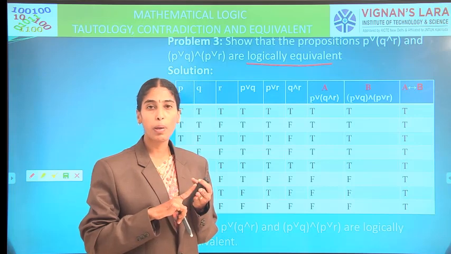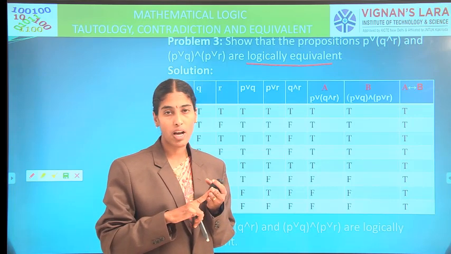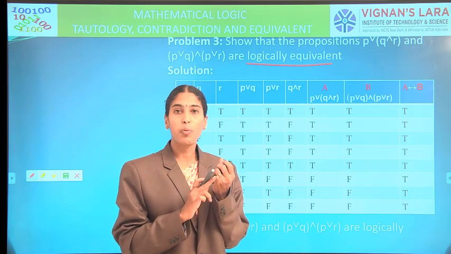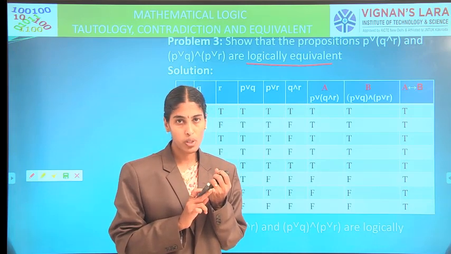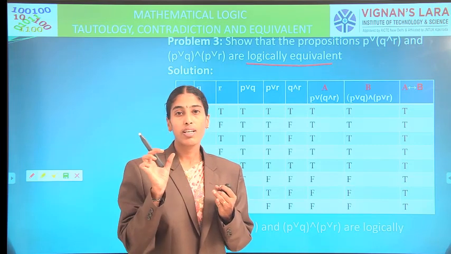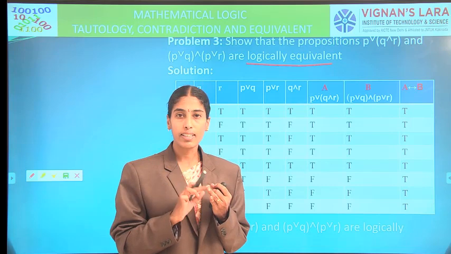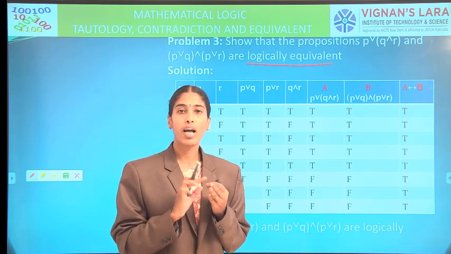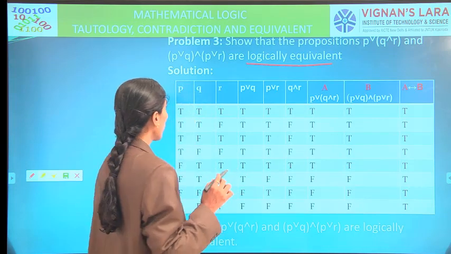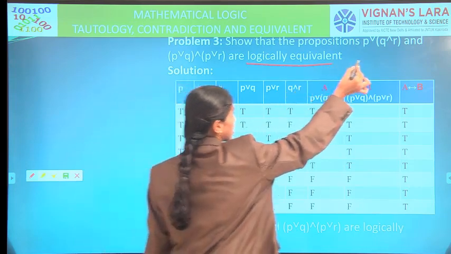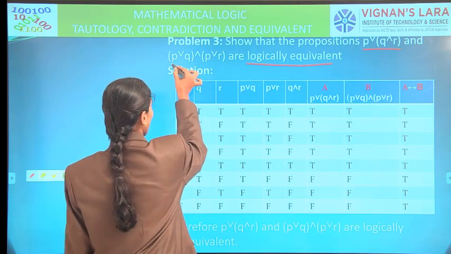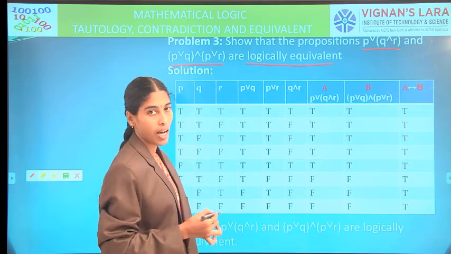To say that two propositions are logically equivalent, we have different ideas. First one is both have identical truth tables. The second one is the first proposition biconditional the second proposition is a tautology. Third one, both have the same identical truth values. Right? So here the first one is P OR (Q AND R), the second one is (P OR Q) AND (P OR R).